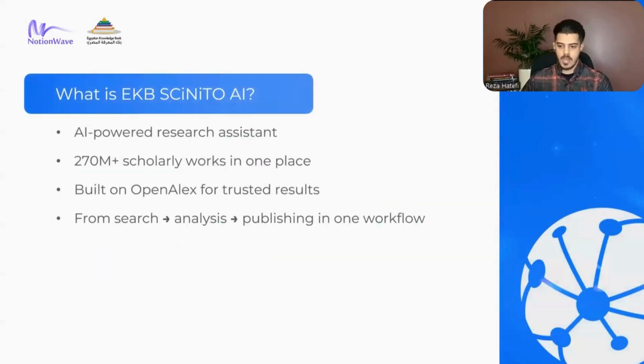So let's begin. Let's begin with what SCiNiTO is. SCiNiTO is an AI-powered research platform and assistant. It has more than 270 million scholarly works indexed, over 62 million of which are open access. It is built on OpenAlex, which gives very trusted results.